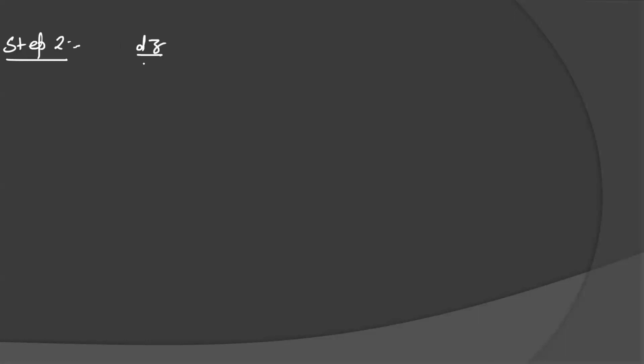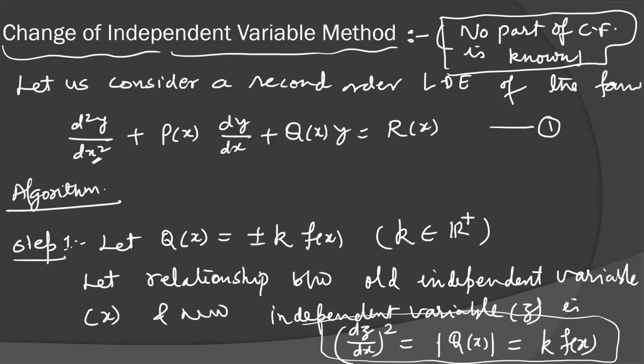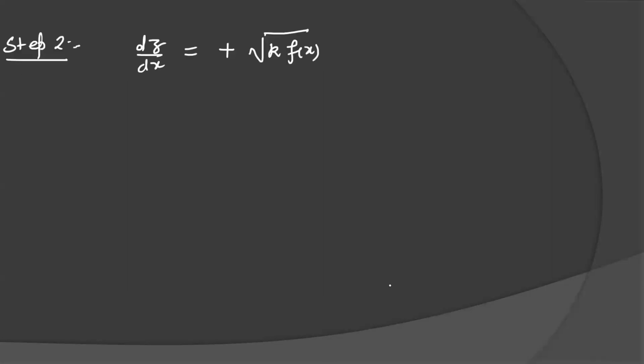So dz by dx will be plus k into fx, because we have taken mod, I'm taking only the positive sign. So dz, if you take the integration, will become under root k into fx dx. I'm considering only positive cases. So this relation will give you the relation between x and z.